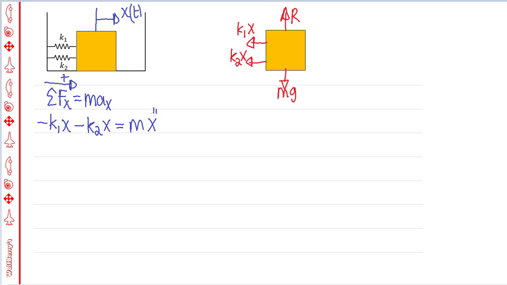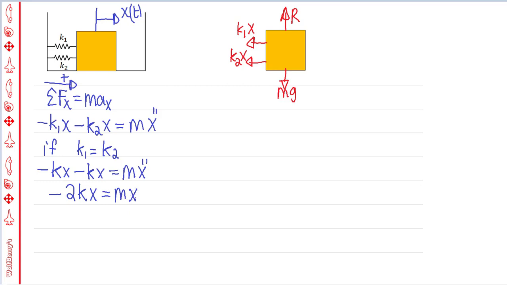Now we have two situations. The first is if k1 equals k2. If k1 equals k2, then we can call them both k. So that becomes minus kx minus kx equals m x double dot, which means we can combine the two together because they have the same value of stiffness.